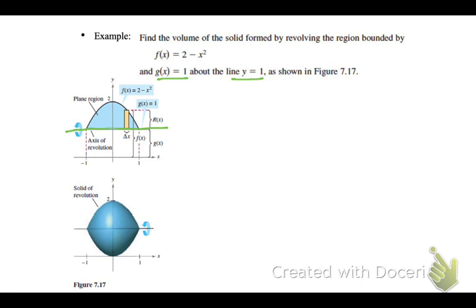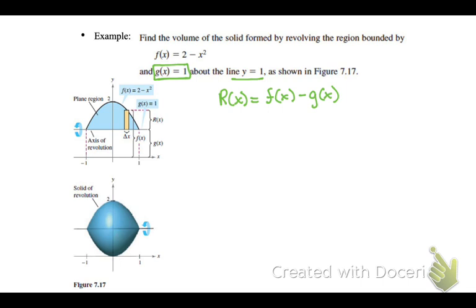Oh, yeah. Sorry. We need to take it into account. Thank you for asking me that question because you're right, it does do something. When we have this moving it up and we're not on the x-axis, we have to take r of x equals f of x minus g of x.